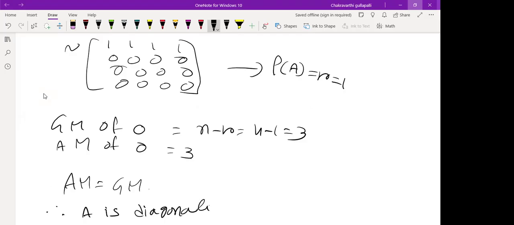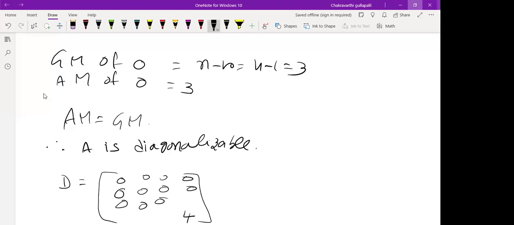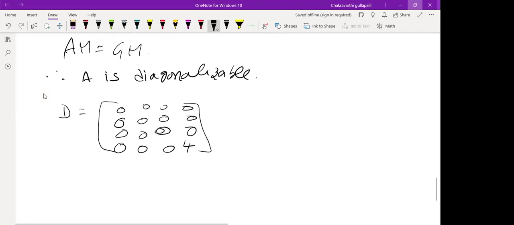What is the diagonal form then? You arrange the eigenvalues diagonally, with the remaining entries zero, in a 4 by 4 diagonal matrix.